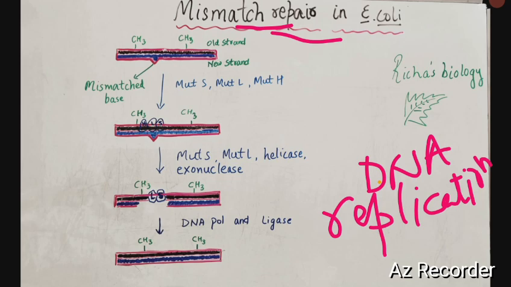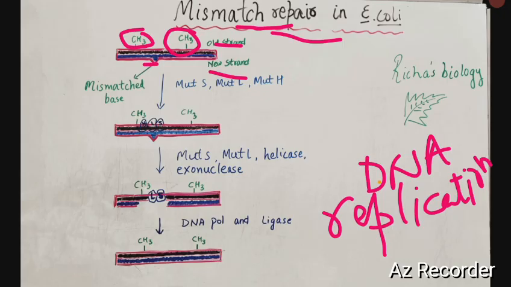In this, basically it is strand specific. You can see here there are two strands. One is old, one is new. The old strand is methylated, and the new strand is unmethylated, right? So here the mismatch base has come.